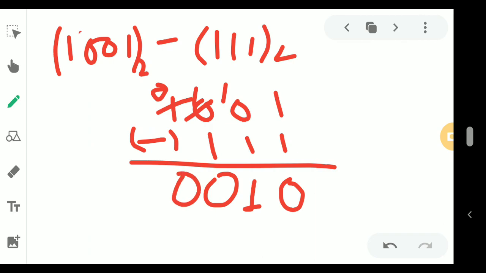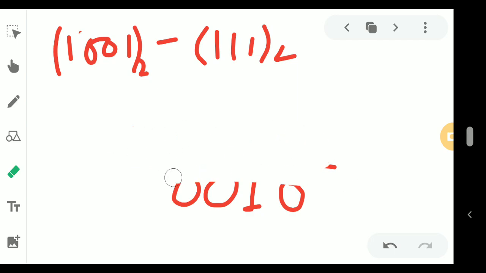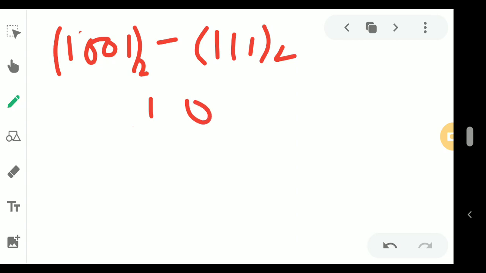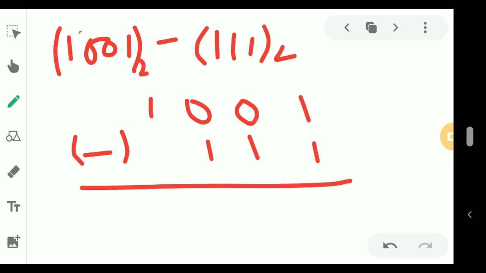Okay, so again I am explaining this sum to you. I'm doing it once again so that it will be clear for you. So 1 0 0 1 minus 1 1 1, and this is the subtraction symbol. Okay, 1 minus 1, 0. See, here also 0, because I need to borrow, but from which digit? Here too, 0 is already present.